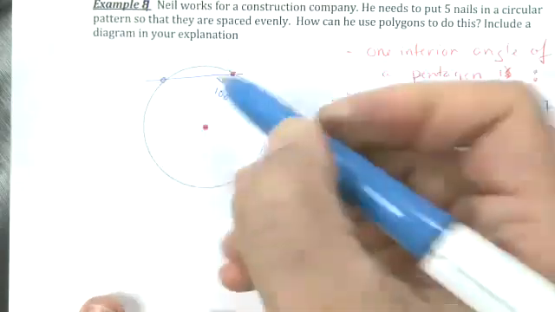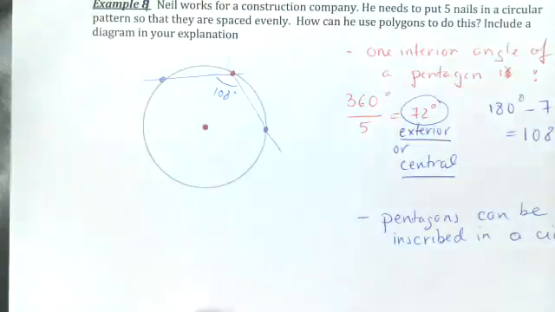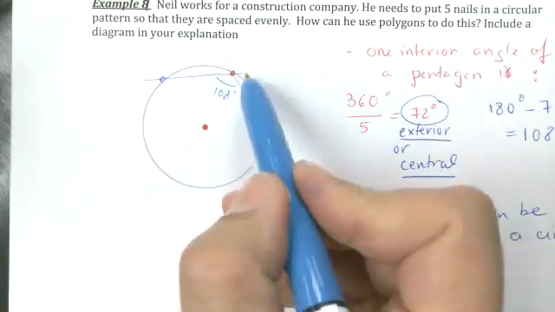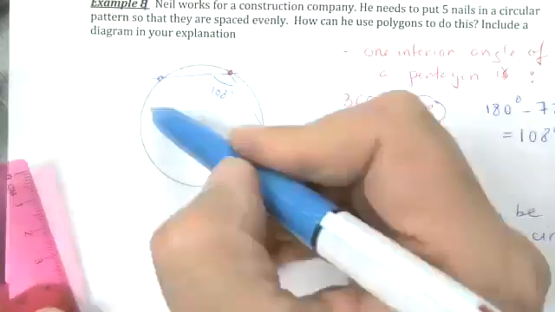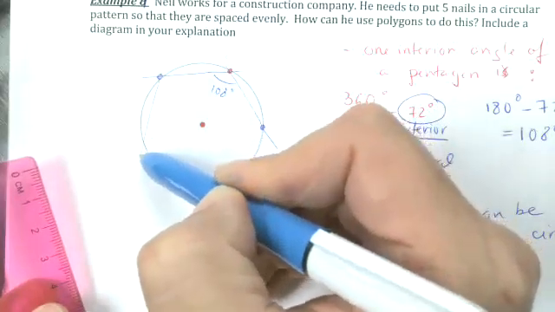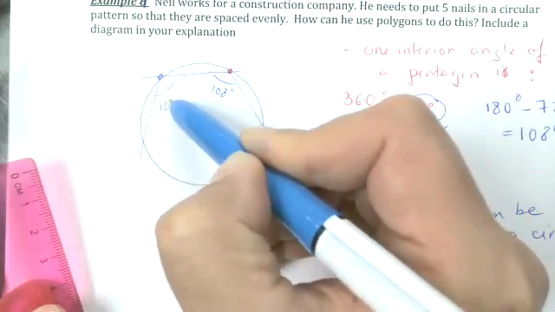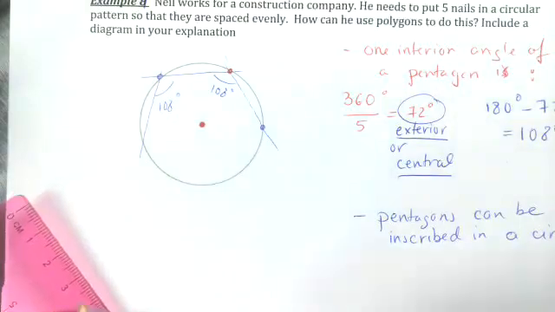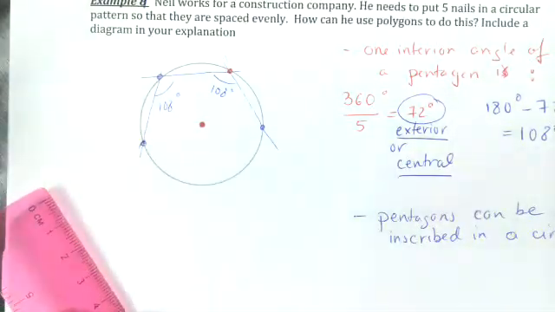That's going to be where I put the next nails. And then you do the same thing. You already have one arm here. You're going to draw another arm there, and you say, okay, that's 108. That's going to be my next nail right there. Make sense?